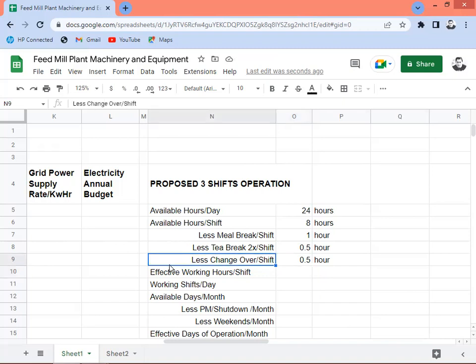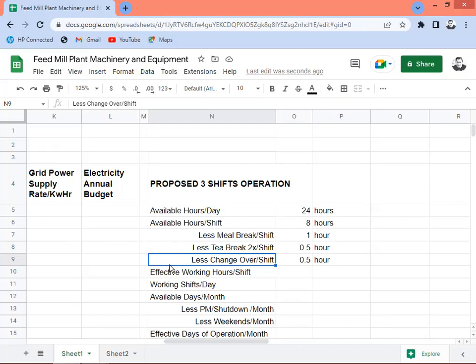Also, the changeover is changing of, for example, a die or a production SKU. So for example, in this shift you're producing pellet for grower feed.